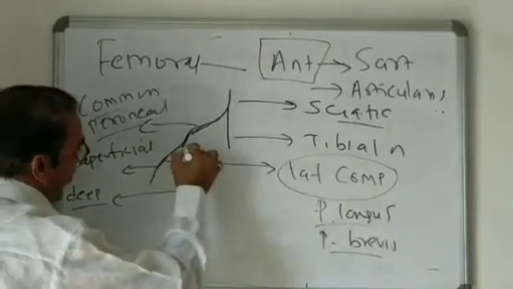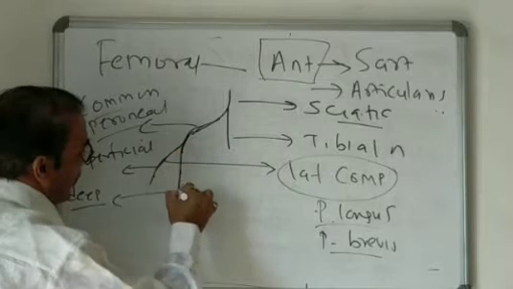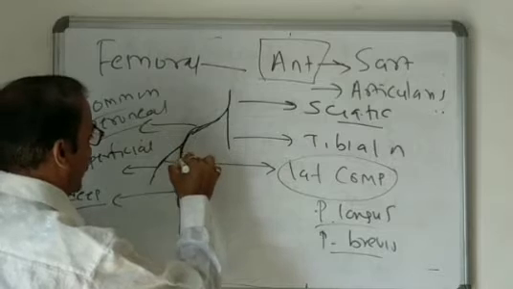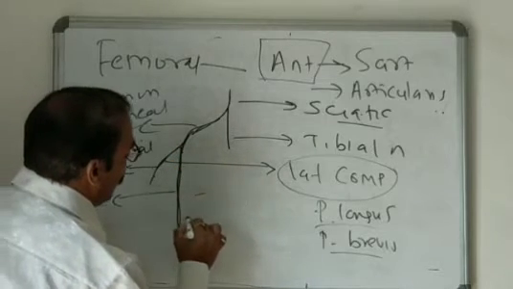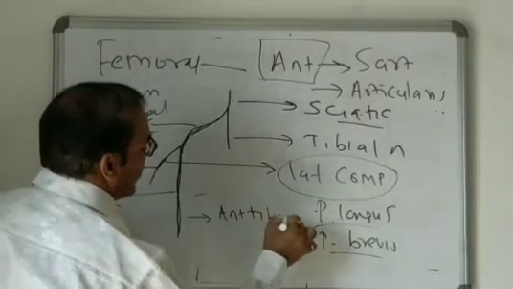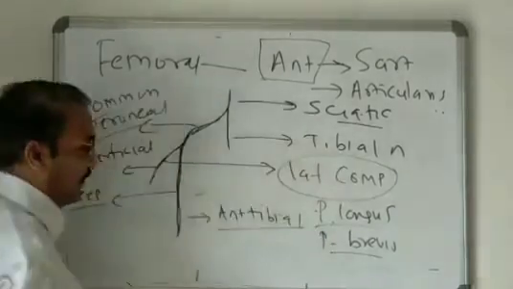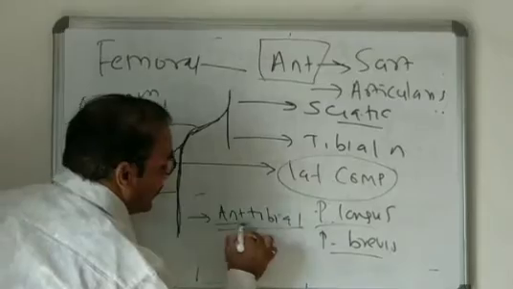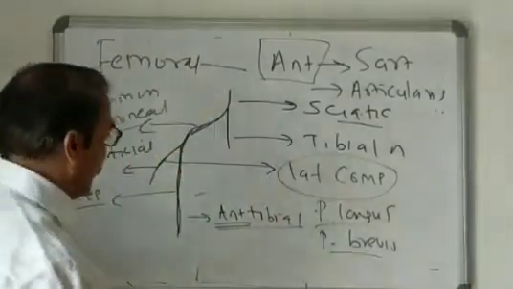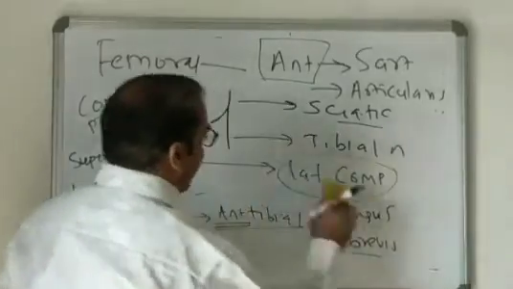This is the deep peroneal nerve. The deep peroneal nerve is also called the anterior tibial nerve, because it lies with the anterior tibial artery. So it supplies the anterior compartment of the leg. What are the muscles present there?